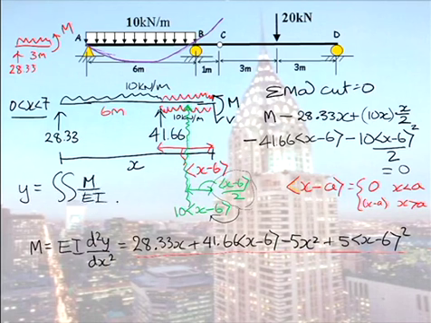So we have to integrate this expression once, and we get a dy/dx term. Now, that dy/dx term is actually the slope of the beam at a point, the gradient of the beam. So if I asked you, what is this slope here at A?